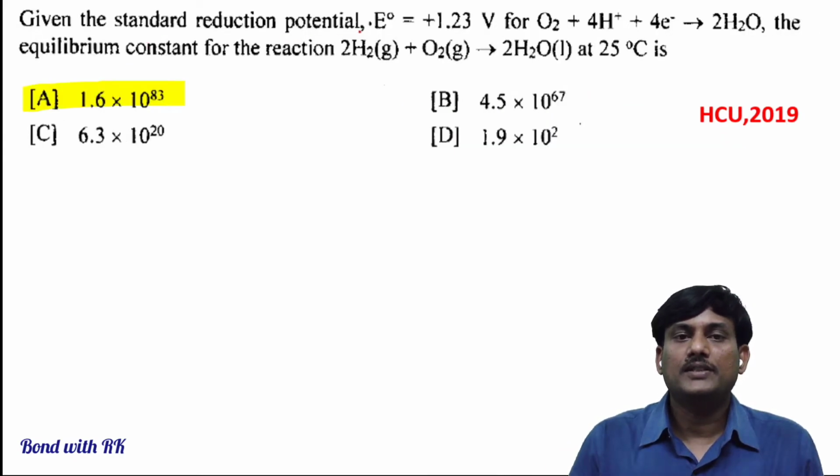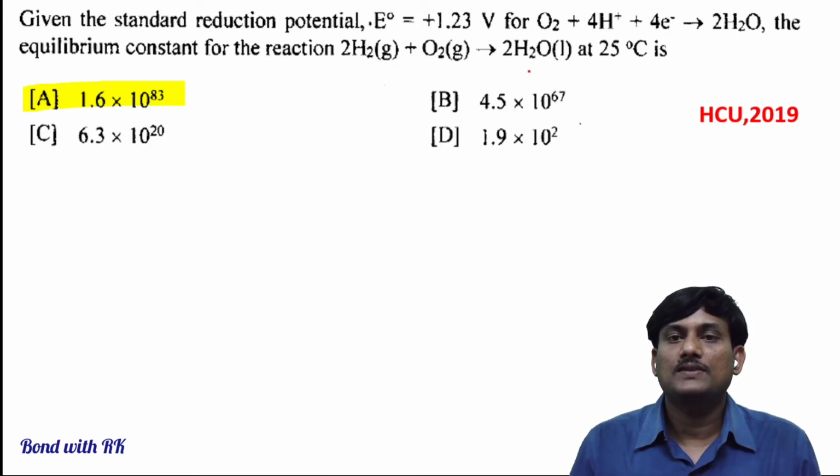Given the standard reduction potential E0 is equal to plus 1.23 volt for O2 plus 4H plus plus 4 electrons gives rise to 2H2O. The equilibrium constant for the reaction 2H2 plus O2 gives rise to 2H2O at 25 degree centigrade.